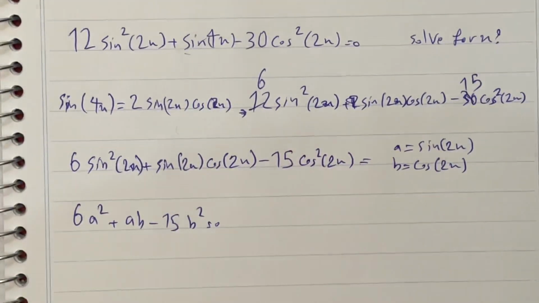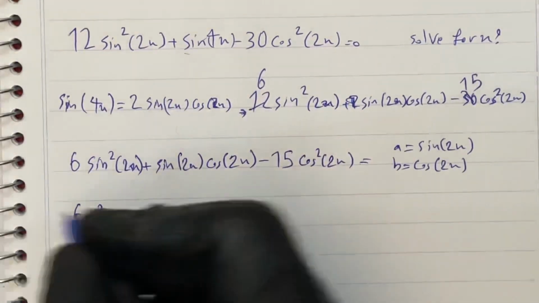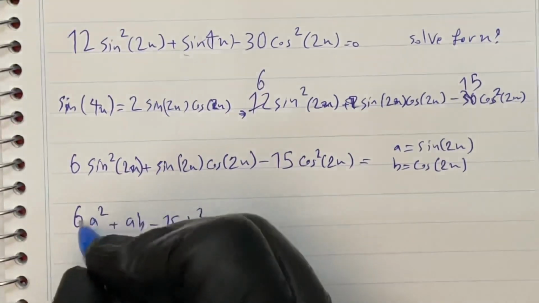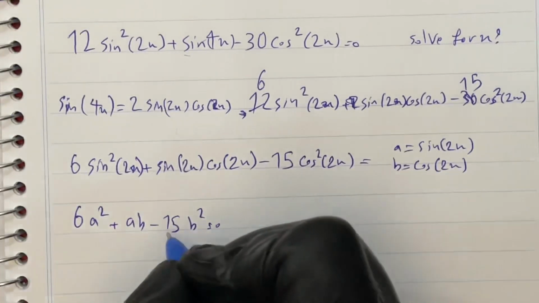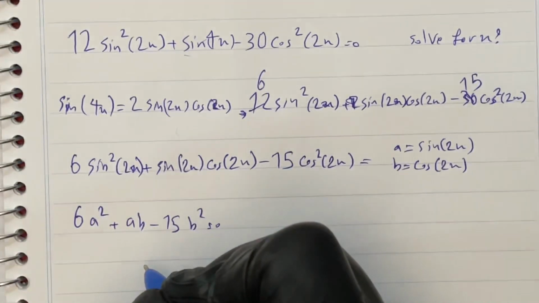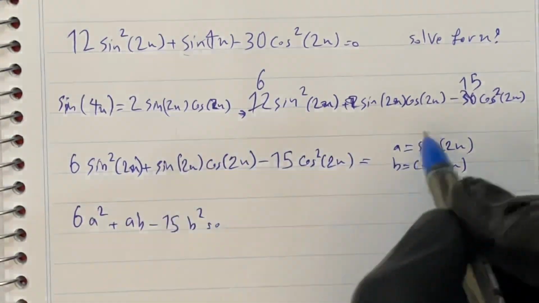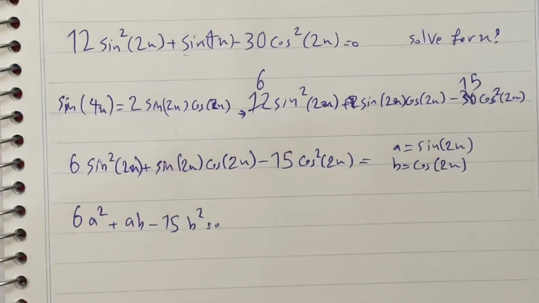To factorize this, if it's 6 here, 2 and 3. Did we factorize it correctly? Yeah, that was right.